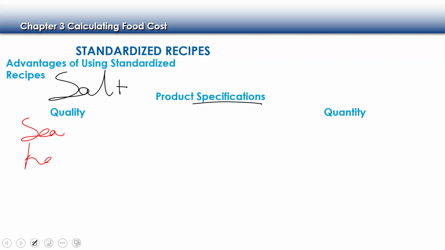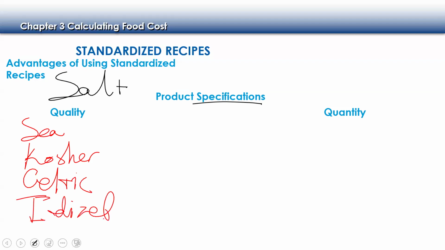Kosher. Like pink Himalayan. Redmond's real salt. I'm sorry, what was that online? Pink Himalayan. Pink Himalayan. You just tested my spelling today.